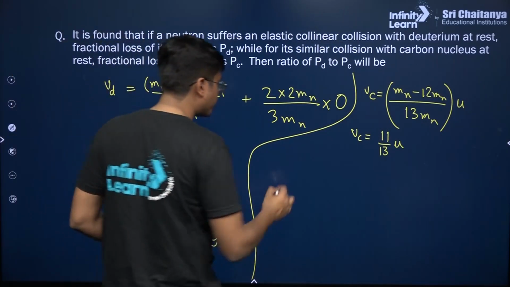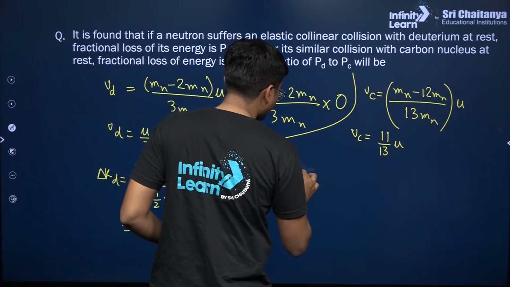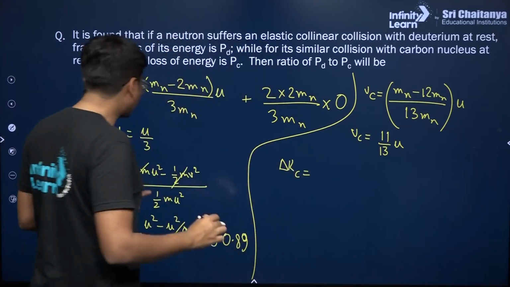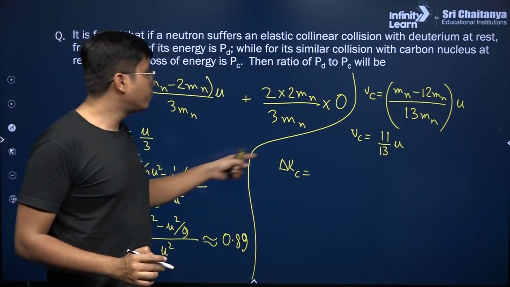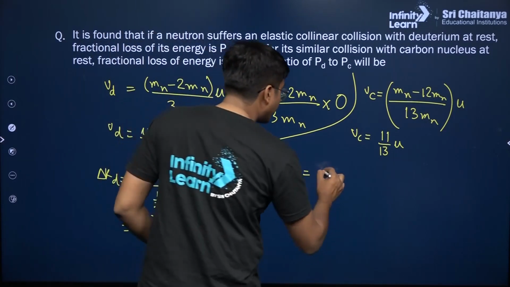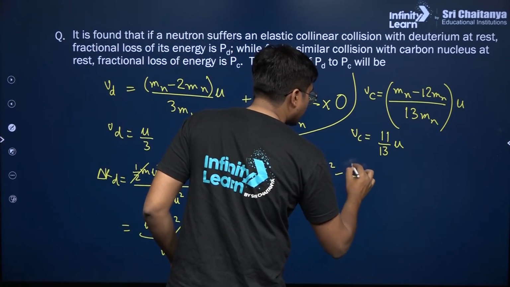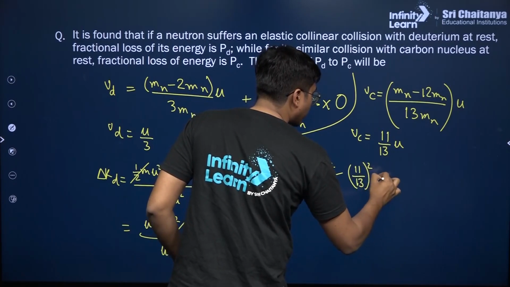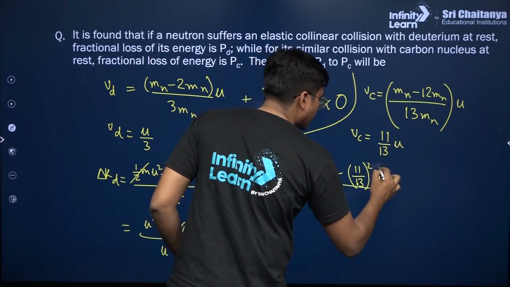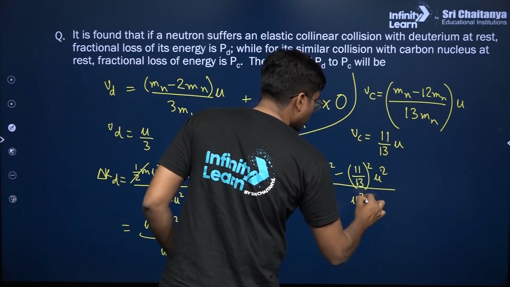From there on, you'll use the similar relation as over here. Again, you want the same delta Kc. This time, if you do the same thing, just your V has changed. So you will get u square minus 11 by 13 whole square u square divided by u square.